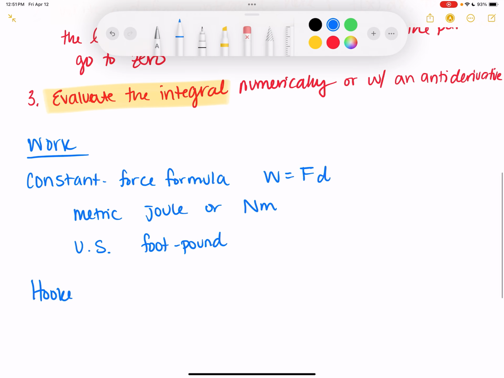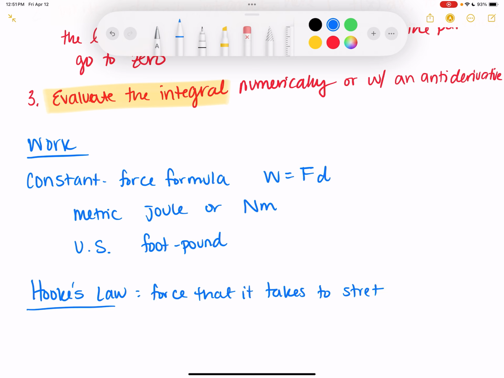Hooke's law is the force that it takes to stretch or compress a spring x units from its natural length. Basically, if you laid the spring on the ground and nothing was pulling on it or squishing it, where it would sit would be the natural length. The force is a constant times x, so F equals kx.